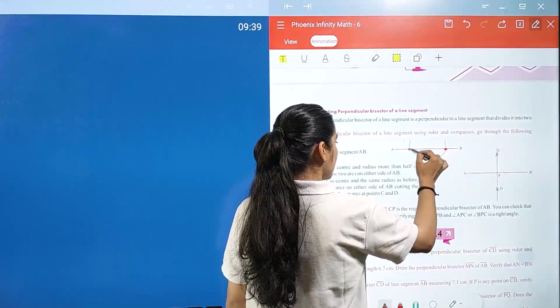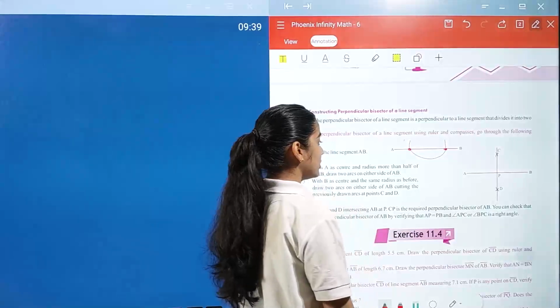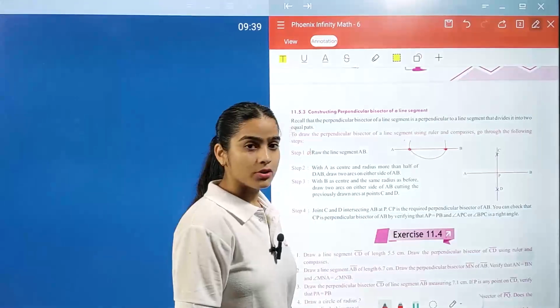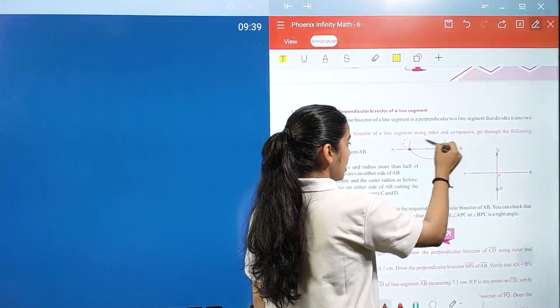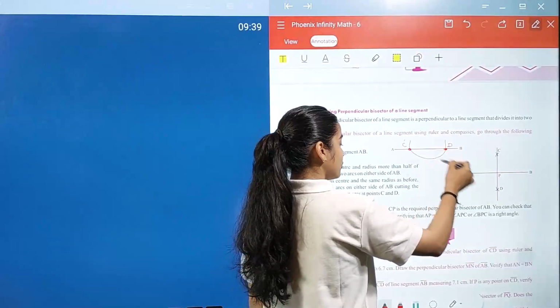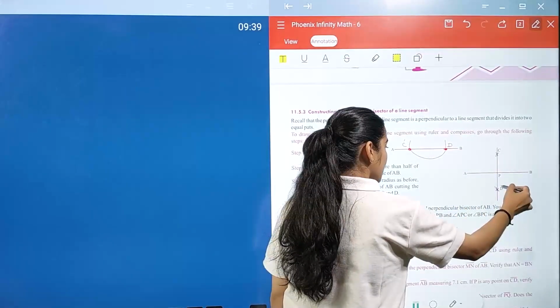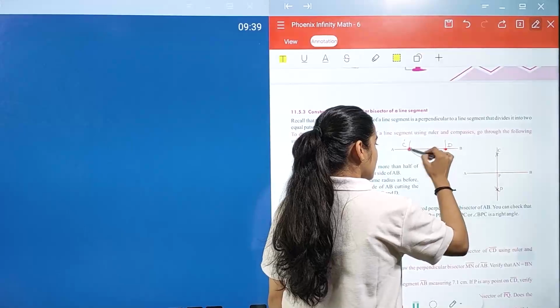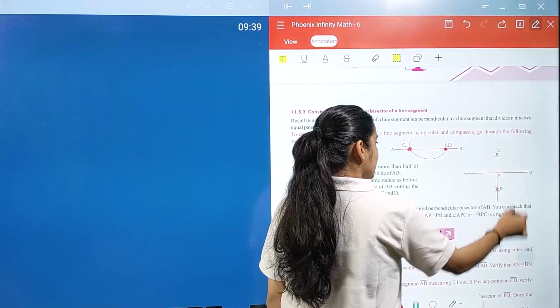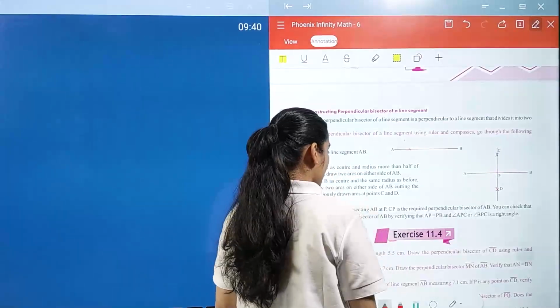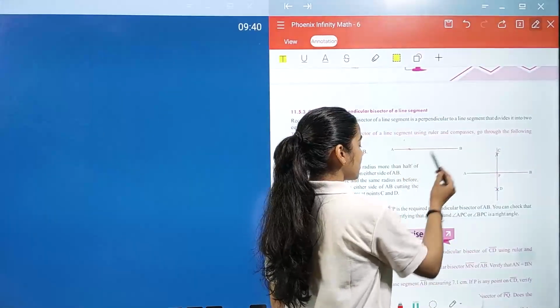Draw your arc. After this, this is your center C and this is your center D. So with the same measurement, you have to draw arcs at center C and at center D. Where these two arcs are intersecting each other, now what you have to do here, this is your line segment AB.